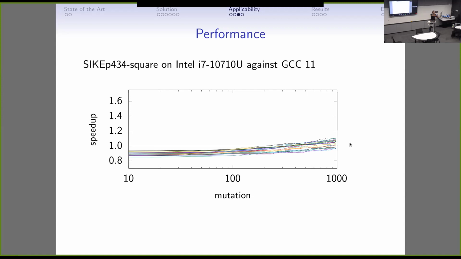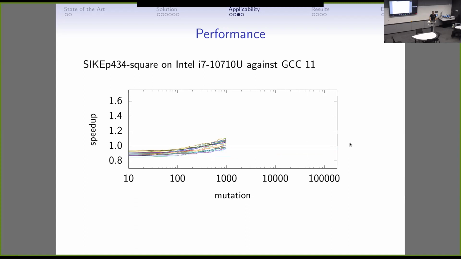So we randomly start in our landscape, in our configuration space, and we turn that into CryptOpt's advantage by starting at a lot of different points, evaluating that for a bit, and then taking the best one and running that for more mutations. So let's squish that and continue with the best approach, and then we see that we can actually get around 60% faster than what GCC would have produced. So that's quite nice.